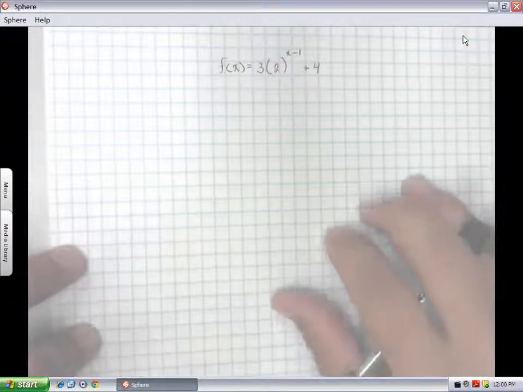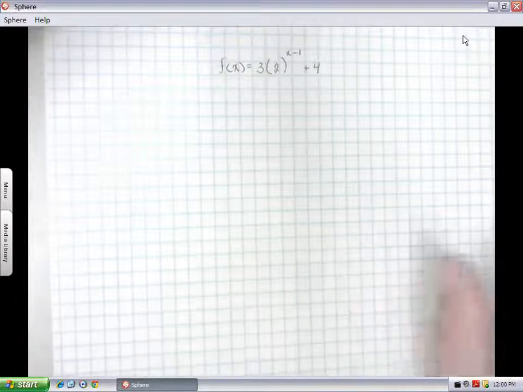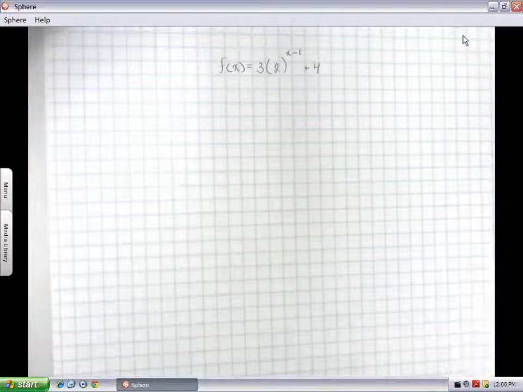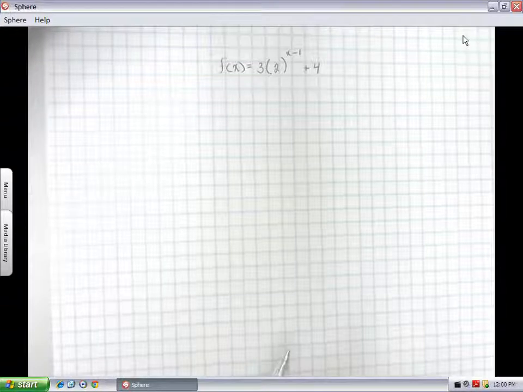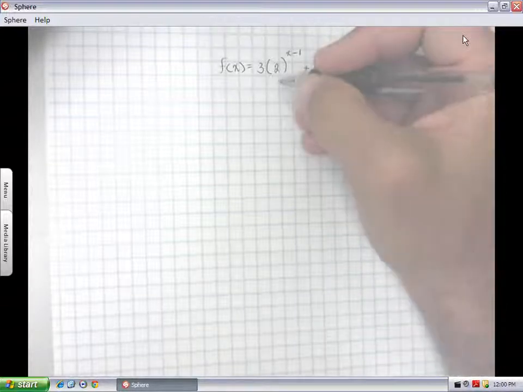So we're going to take a look at graphing an exponential equation by using our transformation tables. When looking at this function, we need to identify that 2 is our base.